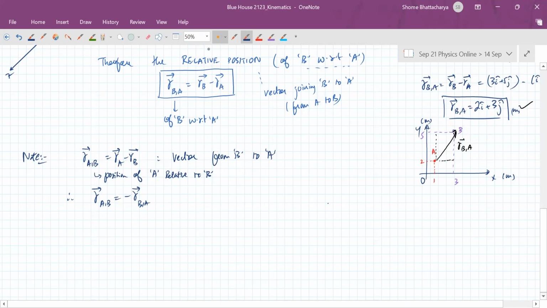Now, keeping in mind that A and B are both in motion, the next definition we'll see is relative displacement.